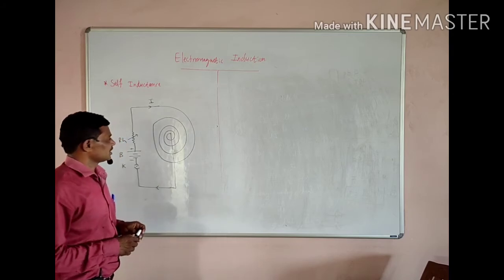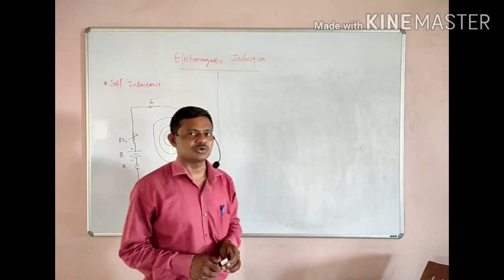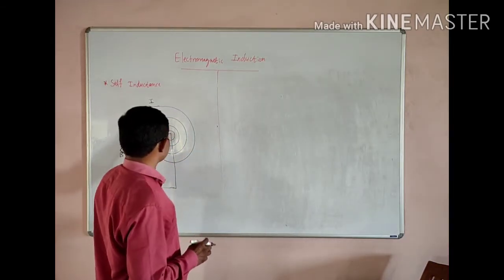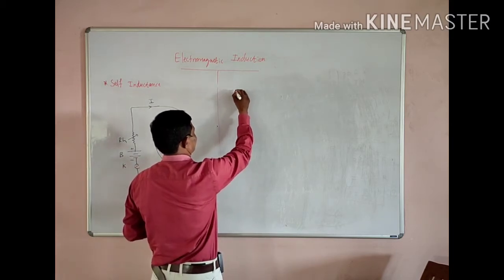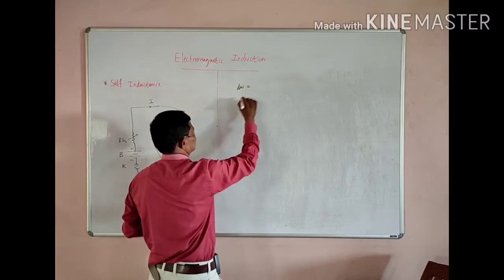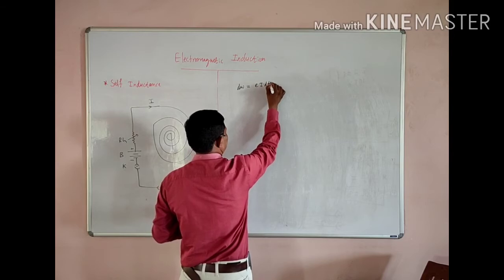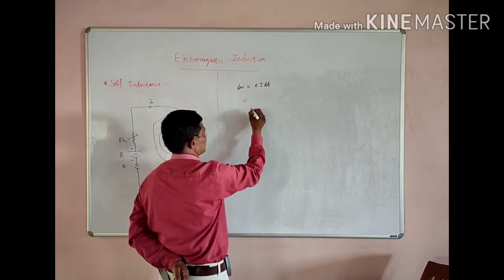So work is done there to maintain a steady current I0, or against this change. Suppose in time dt, let dW be the work done, which is equal to e i dt in time interval dt, where e is the induced EMF.